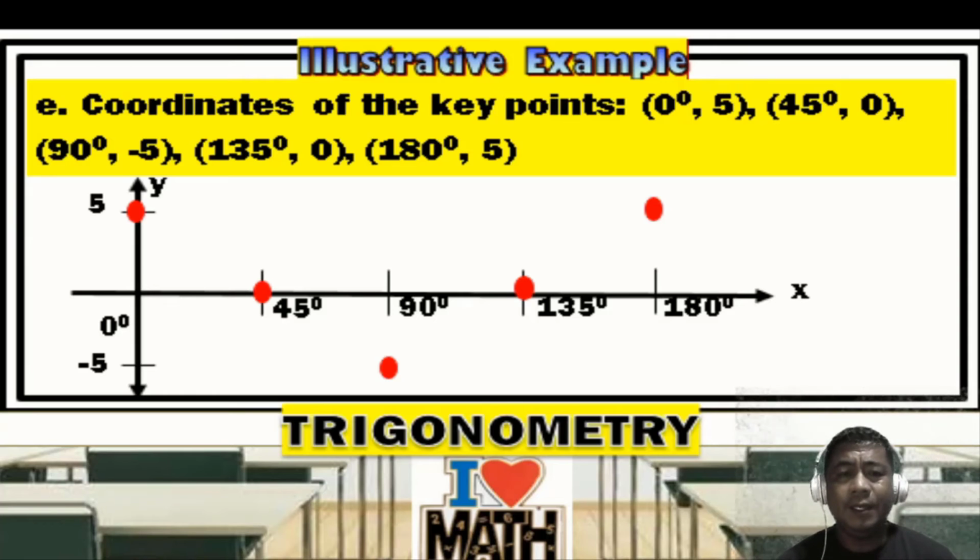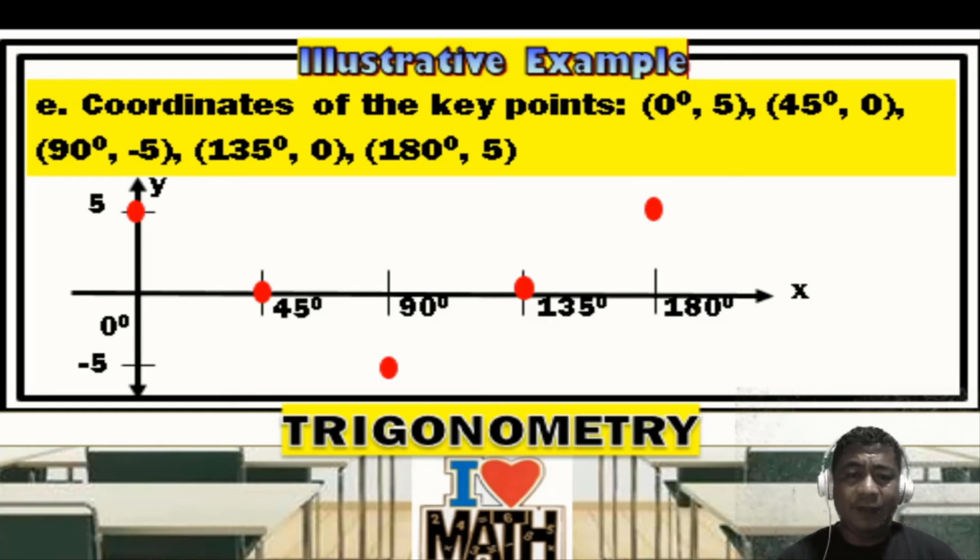Okay, 0 degrees: cosine of 0 degrees times 2, 2 times 0 degrees is 0. So cosine 0 is simply equal to 1, times 5, since the given cosine function is y equals 5 cosine 2x. So we have 5.